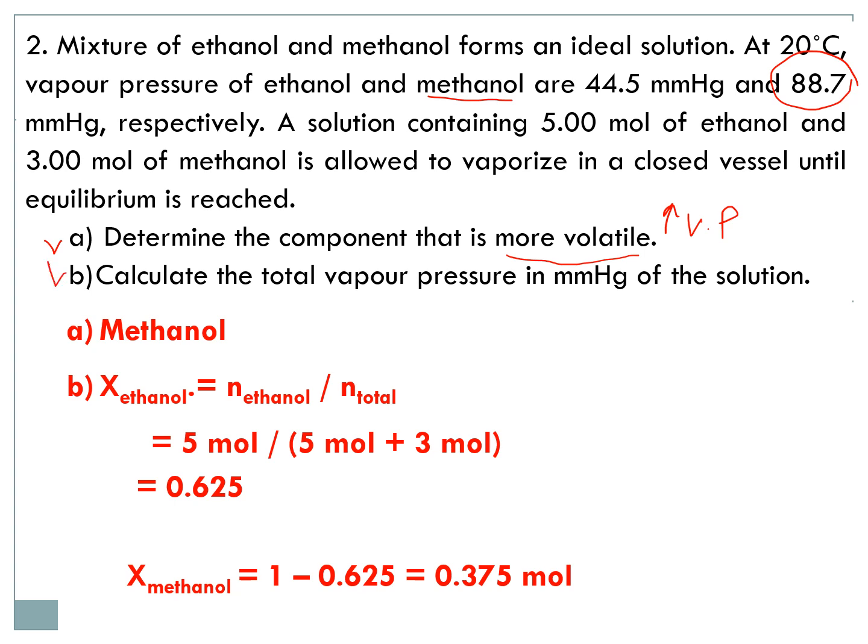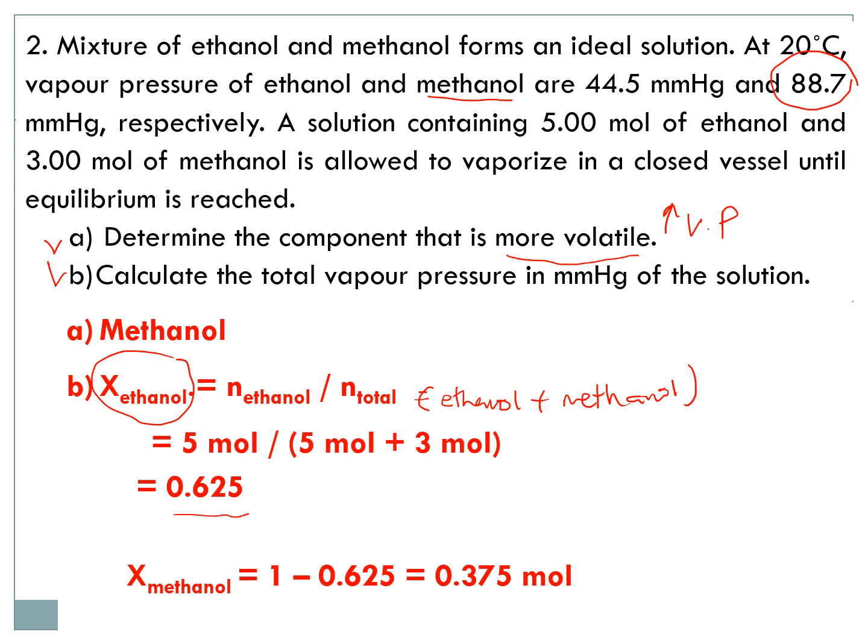B. Calculate the total vapor pressure in millimeter mercury of the solution. The first thing you need to do is find the mole fraction of ethanol, which is equal to the moles of ethanol divided by the total moles. The total moles is ethanol plus methanol, so 5 mole divided by 5 mole plus 3 mole equals 0.625.